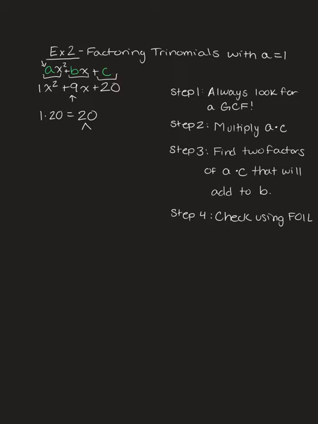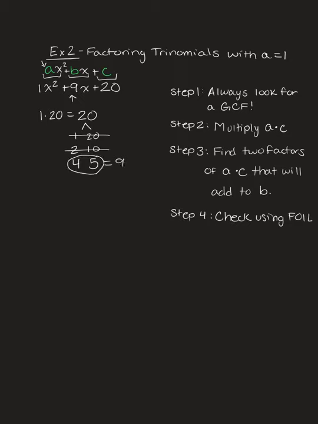Let's go through some factors of 20. 1 and 20, I add those together, I get 21. Not going to work. 2 and 10, I add those together, I get 12. Not going to work. 3 is not a factor of 20. 4 and 5, if I add those, will give me 9.